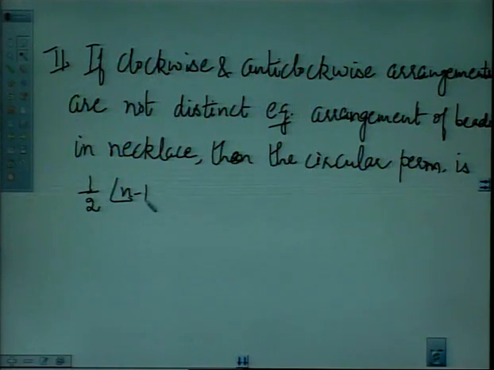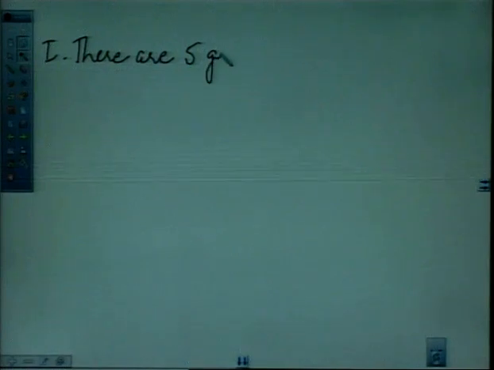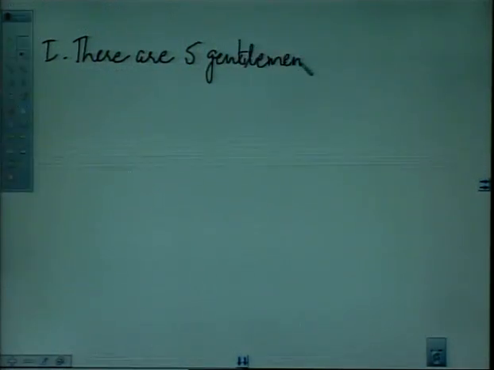Now, let us do one question of circular permutation. Write down: there are 5 gentlemen and 4 ladies at a round table.